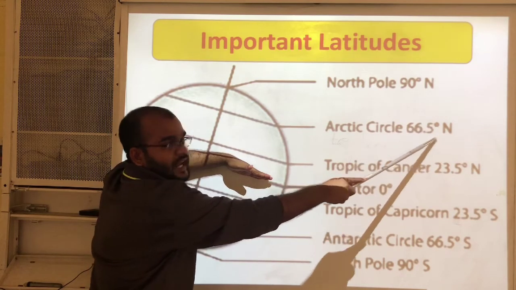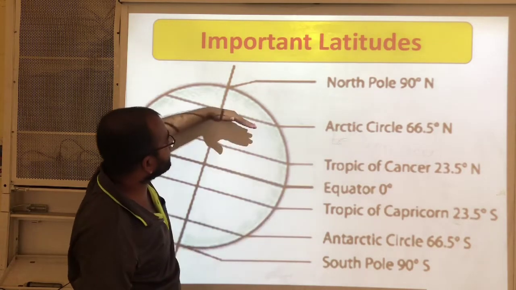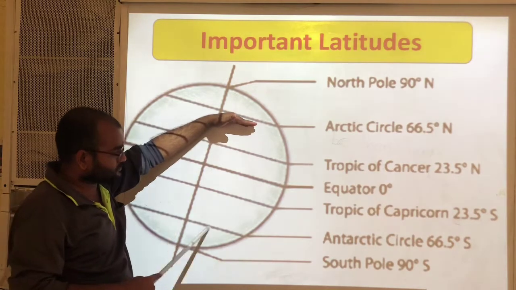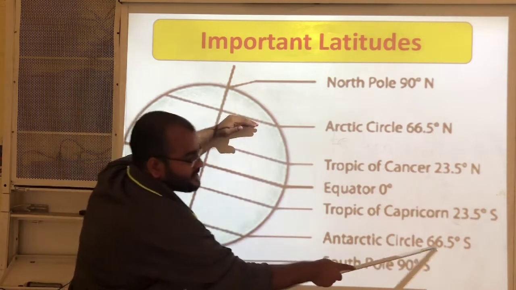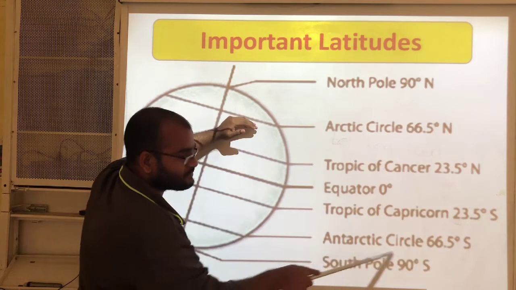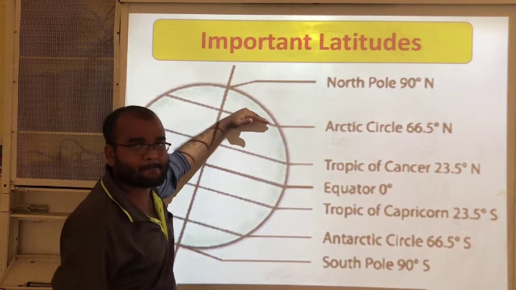Above the Tropic of Cancer, one more important latitude: the 66.5 degree northern latitude is called the Arctic Circle. Downside here, 66.5 degrees south latitude is called the Antarctic Circle.